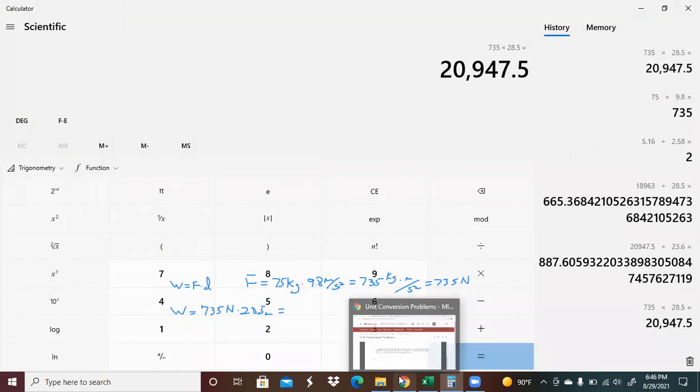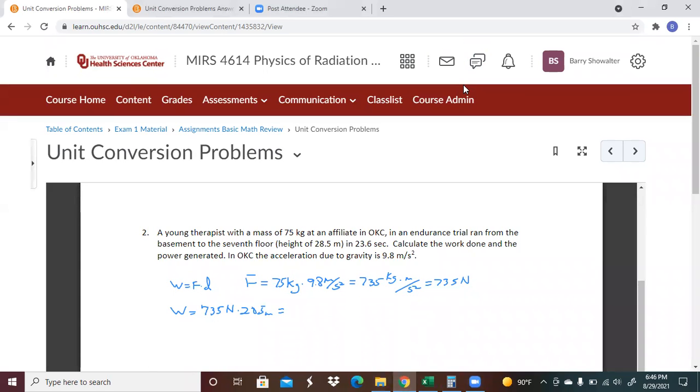So it's 20,947.5 newton meters or joules.